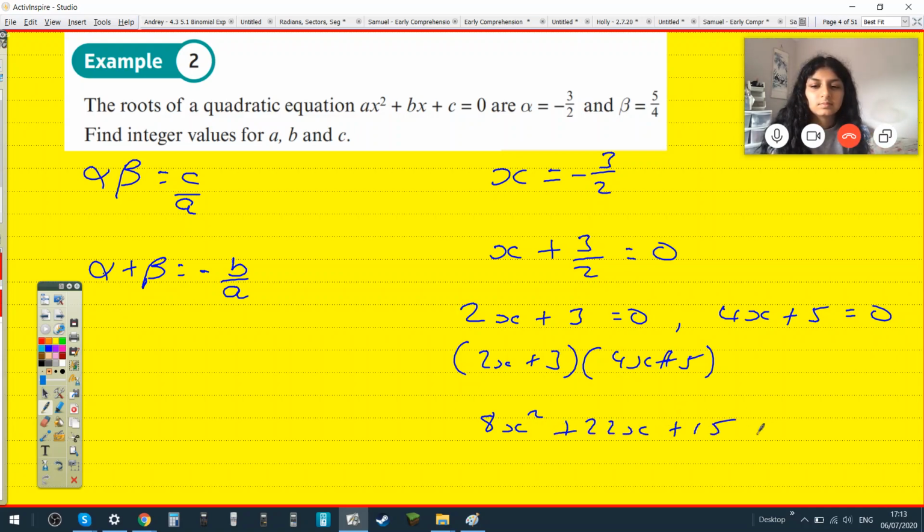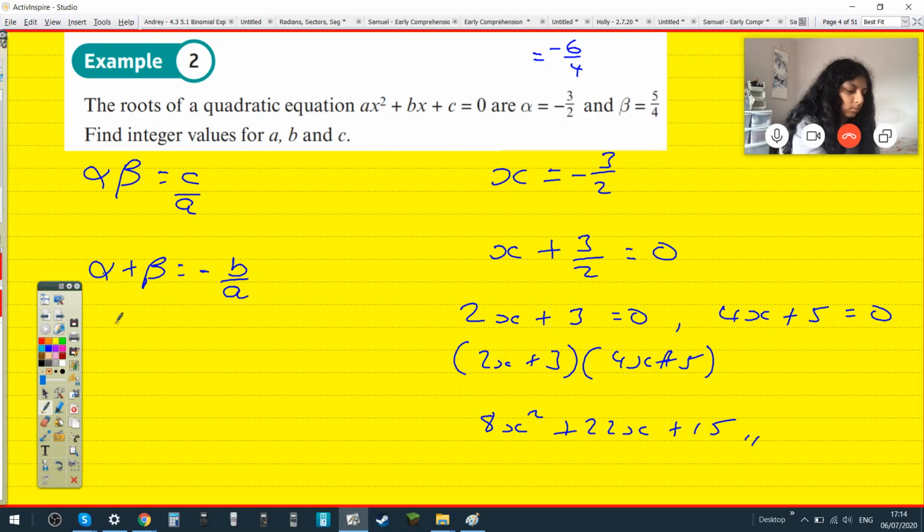Plus 15. Is that it? I think so. Let me see. I didn't expand it, but I could. One thing I'm thinking is this -3 over 2 could have been -6 over 4 and simplified down. Something similar with the other one.